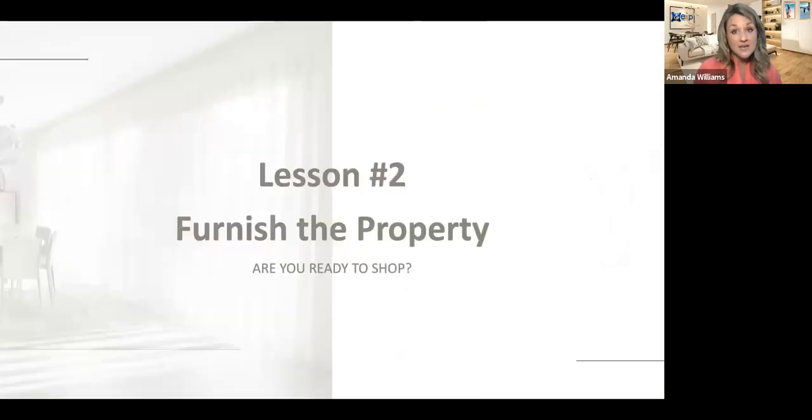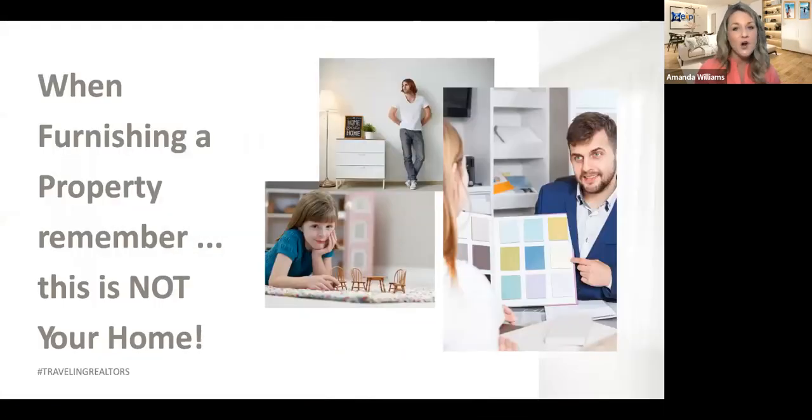So lesson number 2 is furnishing the property. Now, this is important. This is not your house, okay? Don't furnish this with antiques or crazy colorful rooms. Furnish this where anyone is going to want to come in and feel like they're staying in a nice, clean, safe place.